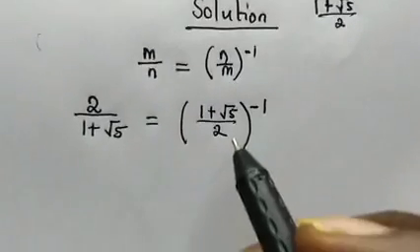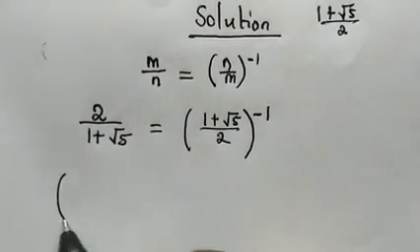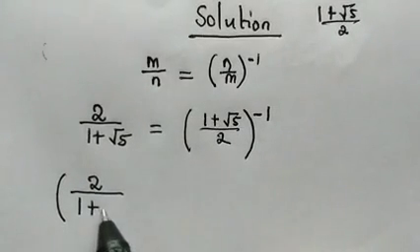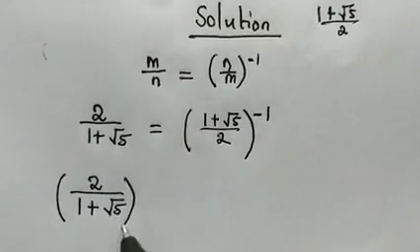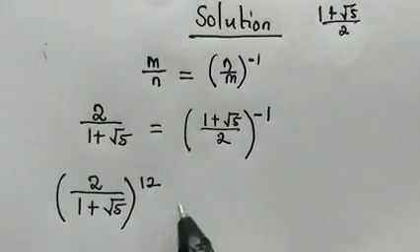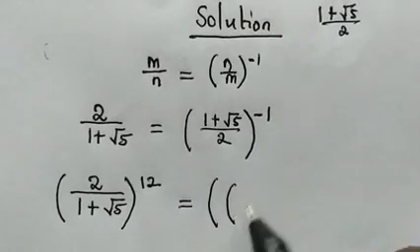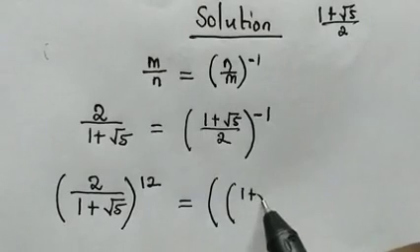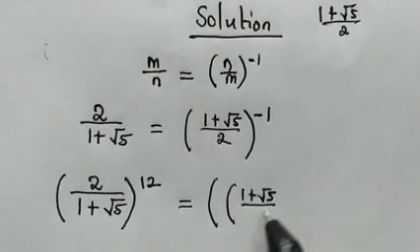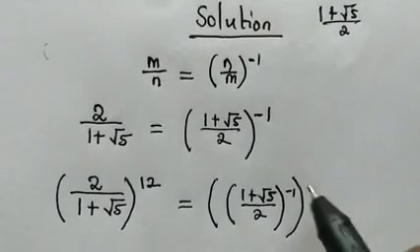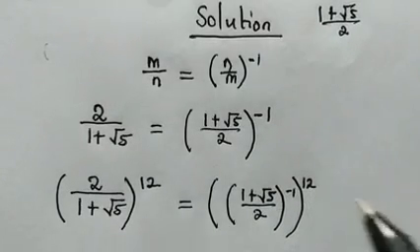So now we're going to write the expression 2 divided by 1 plus root of 5 to the power of 12 as, in bracket, 1 plus root of 5 divided by 2 raised to the power of negative 1, then raised to the power of 12.